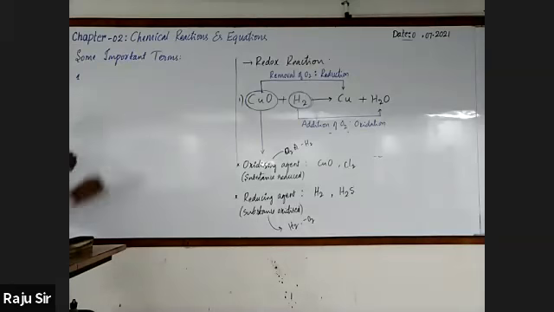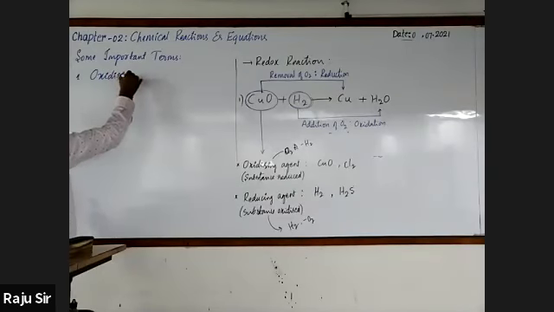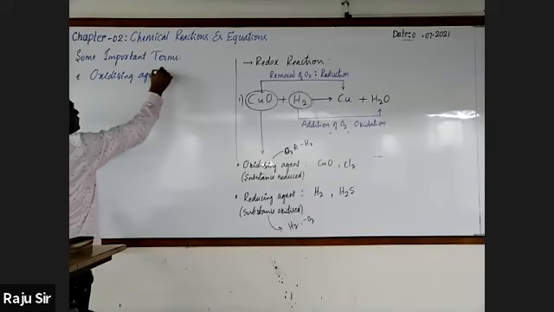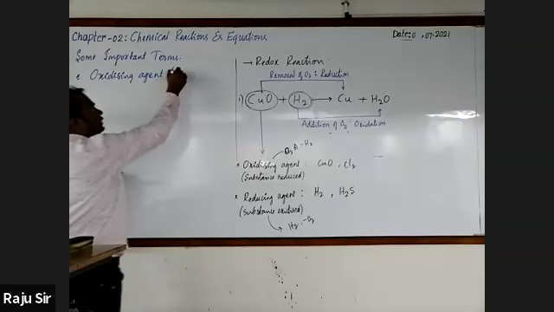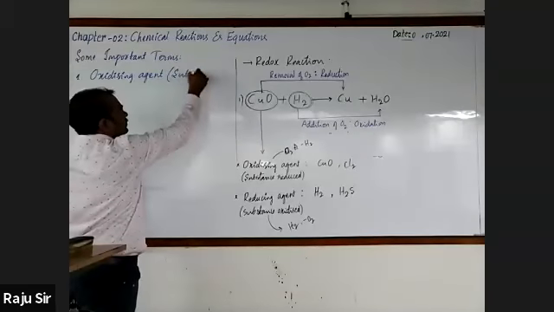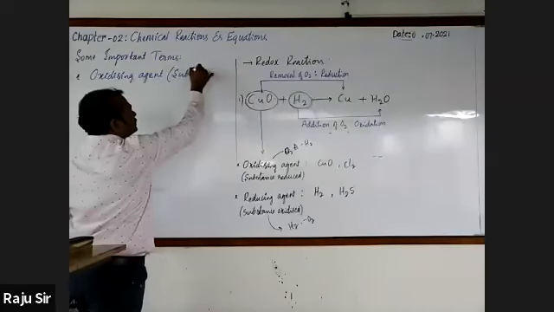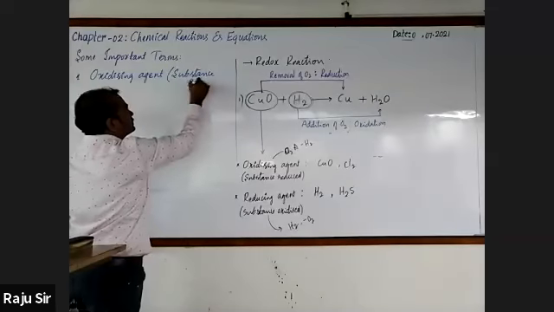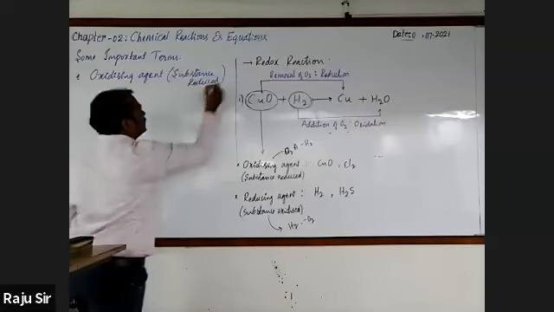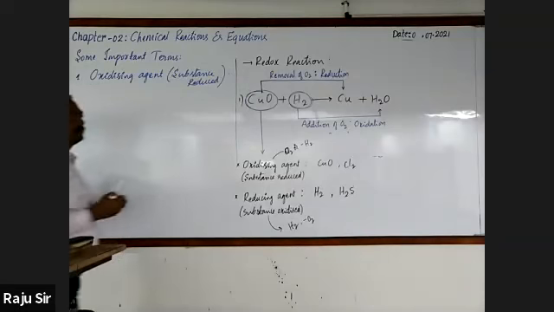First one is oxidizing agent. In bracket, you may write substance reduced. Now, you may write the definition.